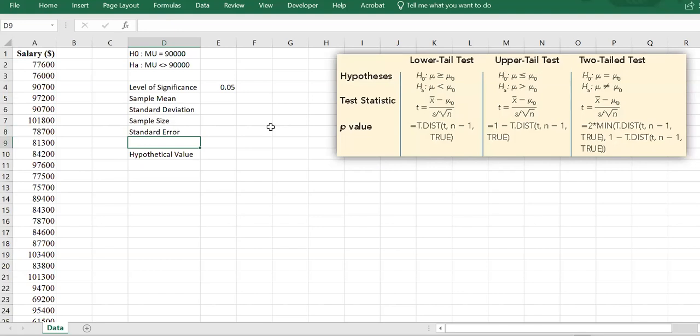Then we can get the test statistic T and find the p-value.